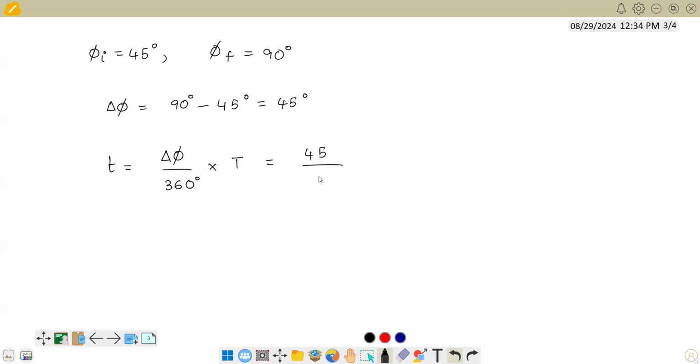So we have simply 45 by 360 into capital T. So 45 twos are 90, so I think it is 8 times into T. So it will take T by 8 time. We got T as 1 by 50.